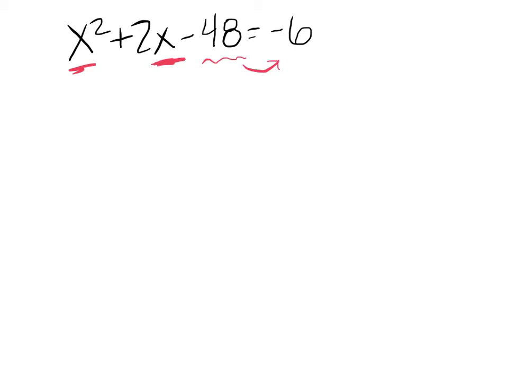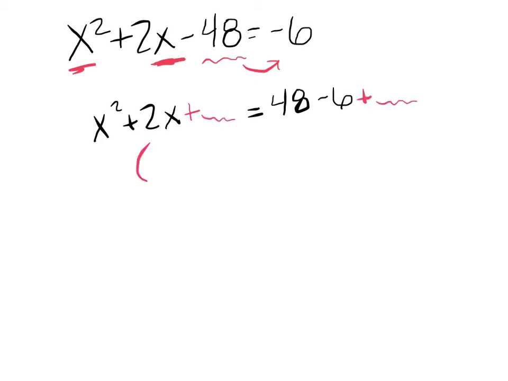We're going to do that again. So we'll look at x squared plus 2x equals 48 minus 6. Now remember, we're going to have plus something, so I'm going to write my plus something right there so we can get our completing the square trinomial set up.